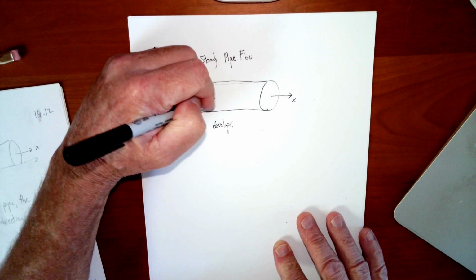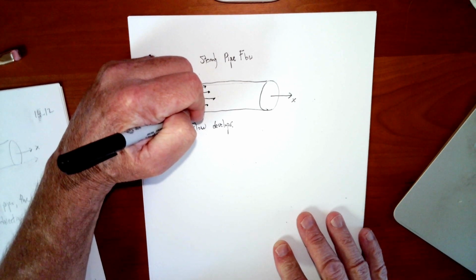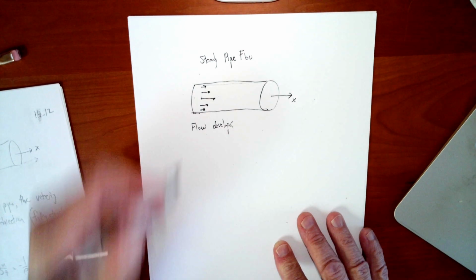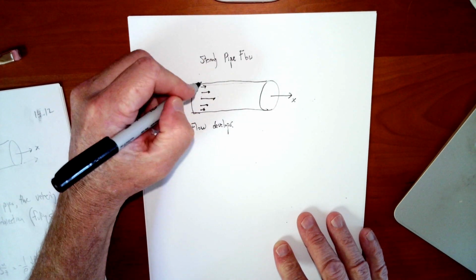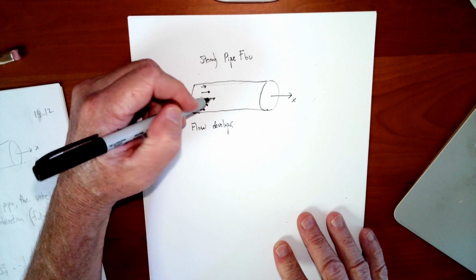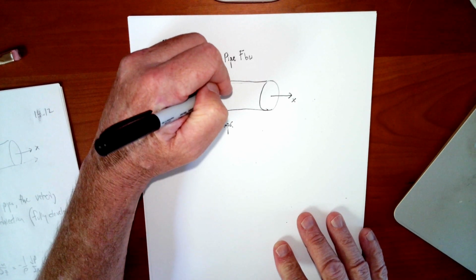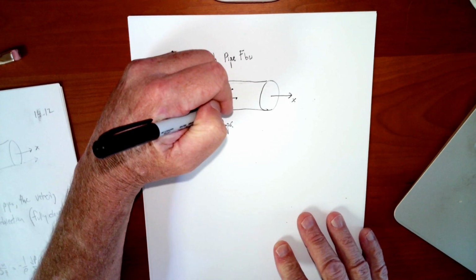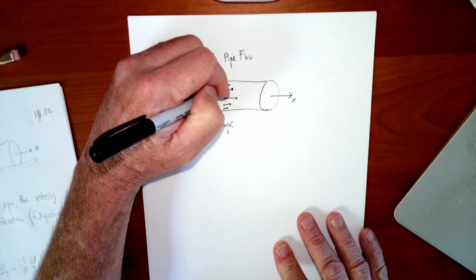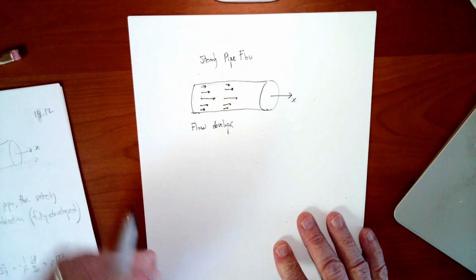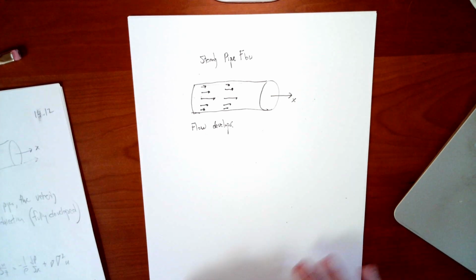So at some point, there will be 0 velocity at the walls because of the no-slip condition. And so the velocity profile for the fluid will take on this curved shape where it's 0 at the walls and high speed in the middle. And after some period, that shape won't change anymore.